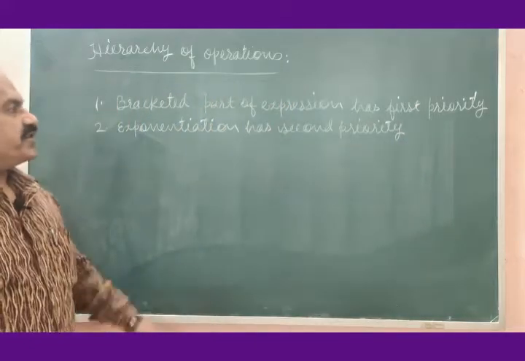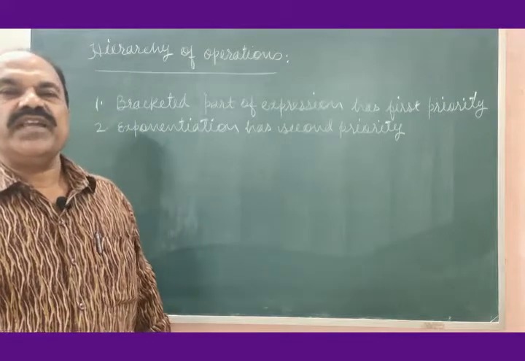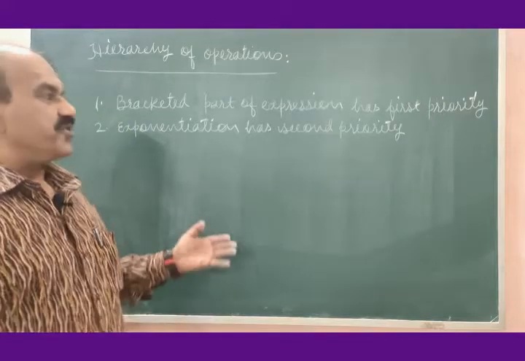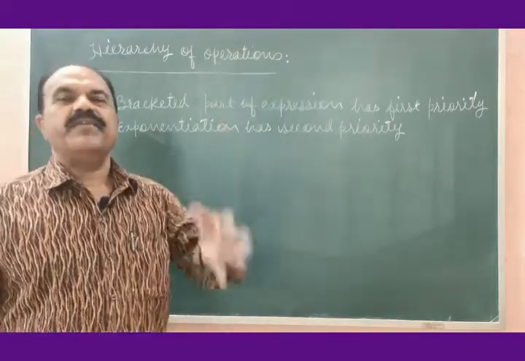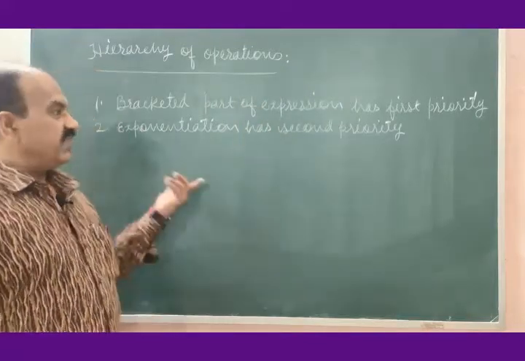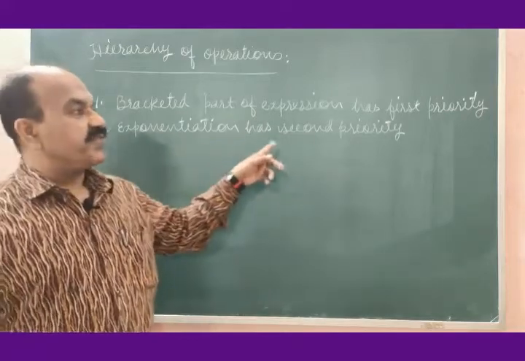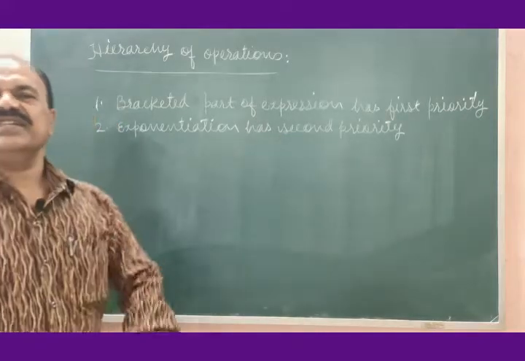Second priority is given to exponentiation. Whenever we are given any arithmetic expression, the bracketed part should be solved first. It has first priority. After that, if exponentiation is there, this exponentiation has second priority.